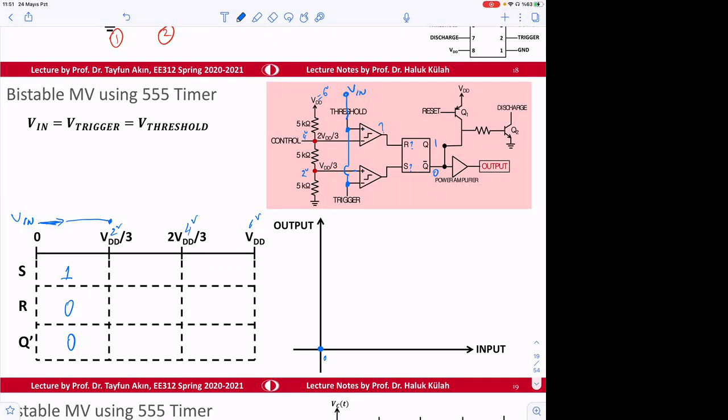S will go to 0, correct? So R will remain at 0 because compared to 2 volt, again, this R is going to be 0. And then what is Q bar? We know that Q n plus 1 bar is going to be equal to Q n bar.